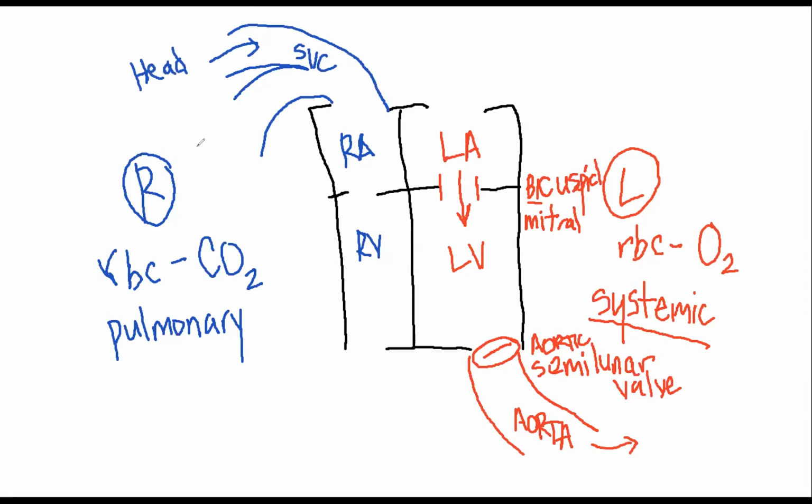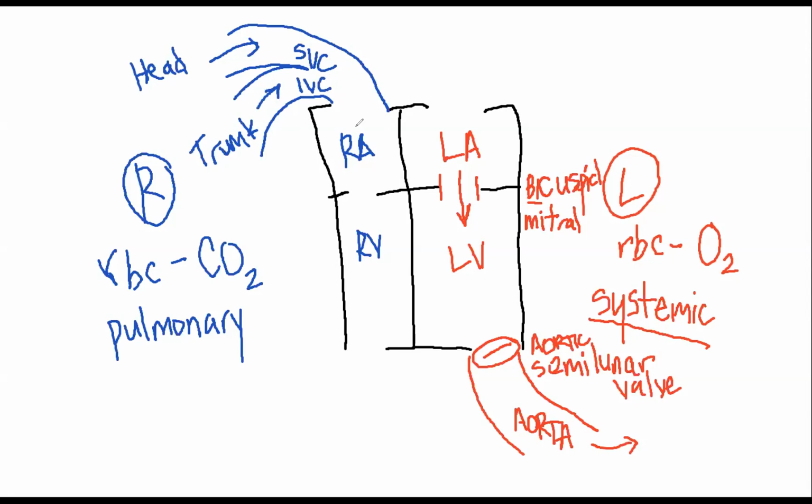That makes sense. And everything from the rest of your body or your trunk goes into another tube called your IVC, inferior vena cava. Both the superior vena cava and inferior vena cava are colored blue in my diagram here.